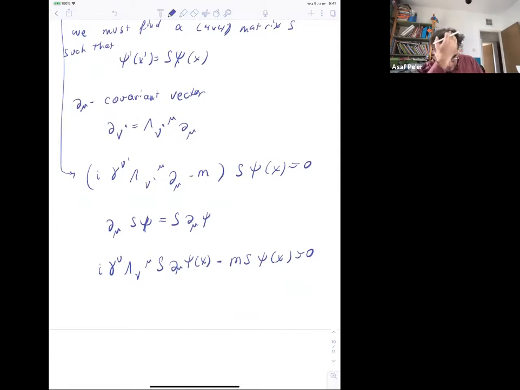So what did I get? Okay, so I got a covariant form of the Dirac equation.